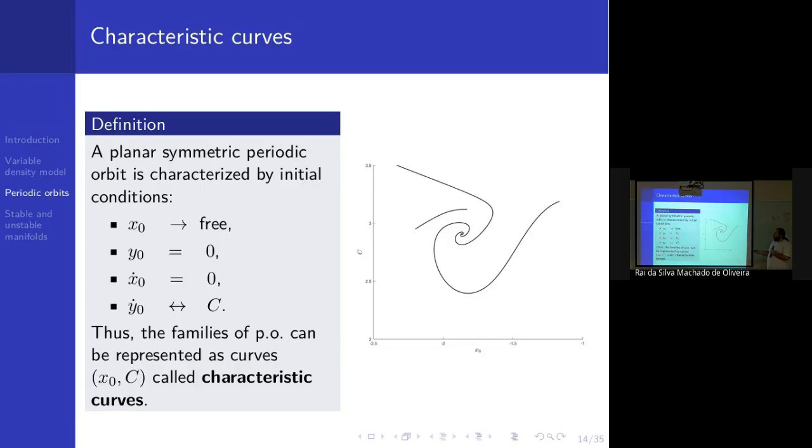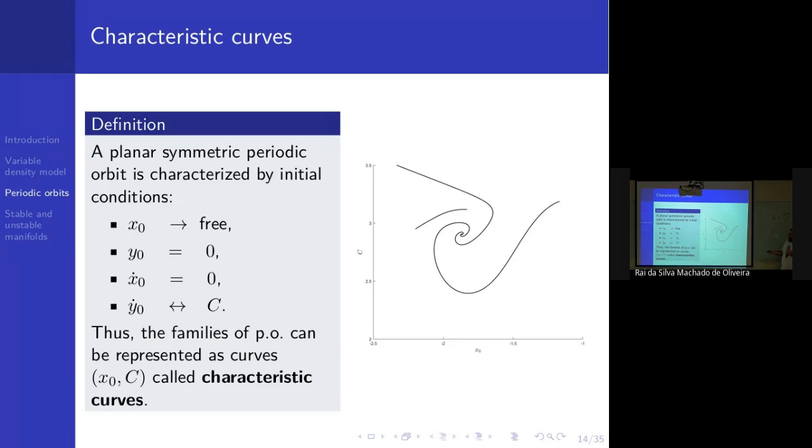So the initial condition in y and the initial velocity in x must be 0. So you have, let's say, three components of the initial condition, which are x0, the initial value of x, and the initial value of the velocity in y.